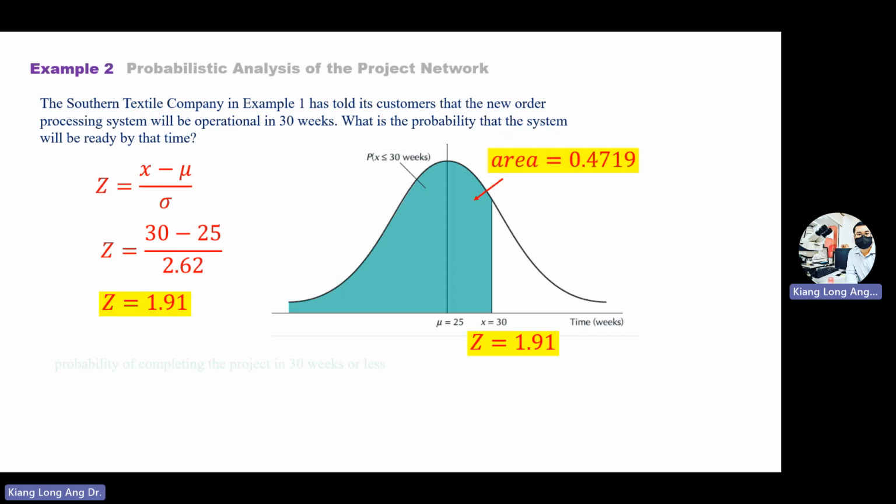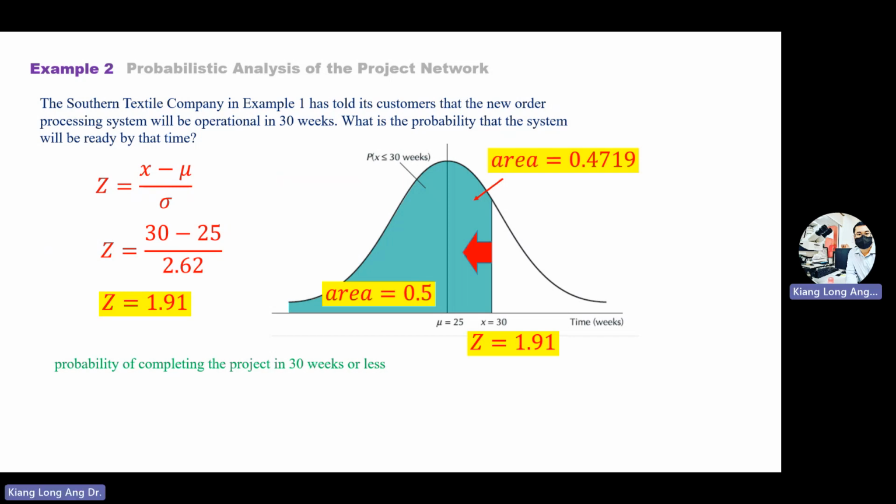So the probability of achieving the project in 30 weeks or less is from here until here. So this is another half, another 50% here. 50% plus the 47%, so you have 97% achievable.